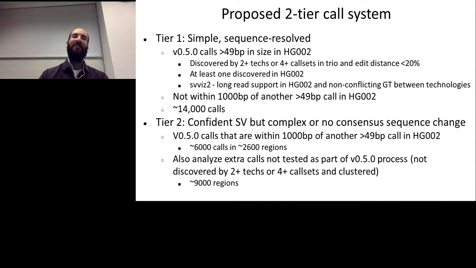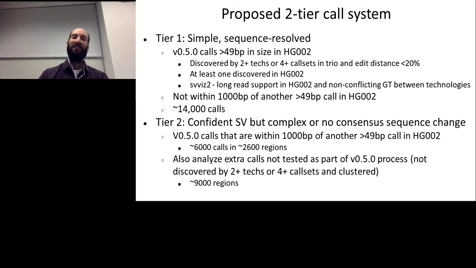So in this case, we merged calls without requiring that their sequences were similar to each other, and came up with a set of, in this case, about 2,600 regions where there were clustered calls.